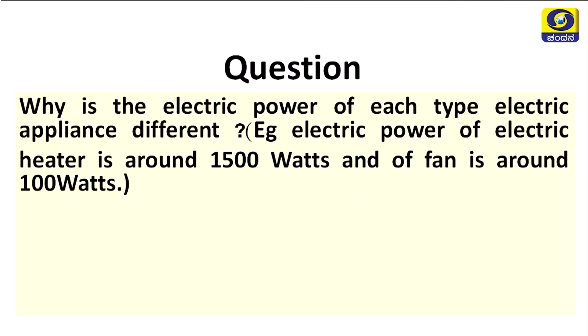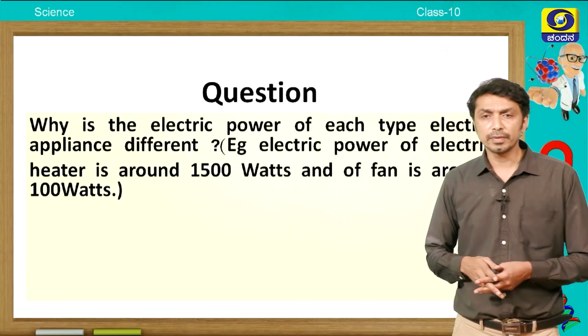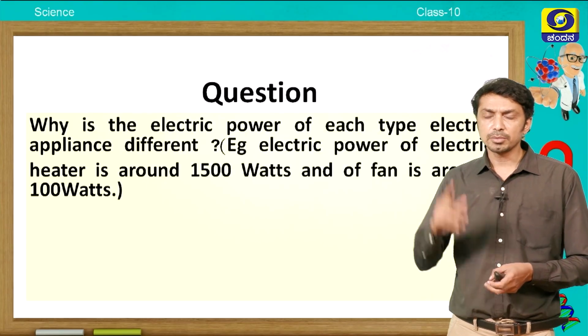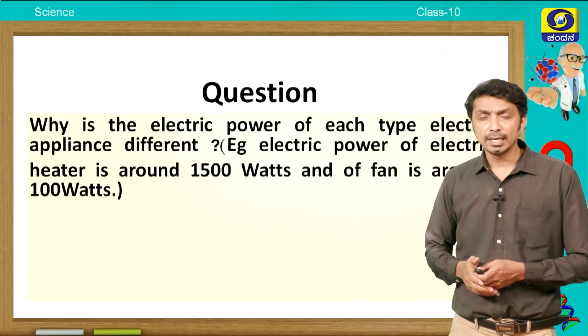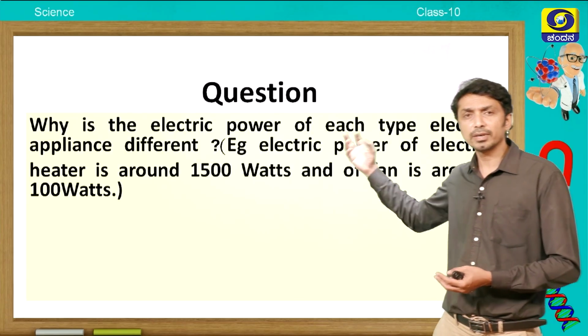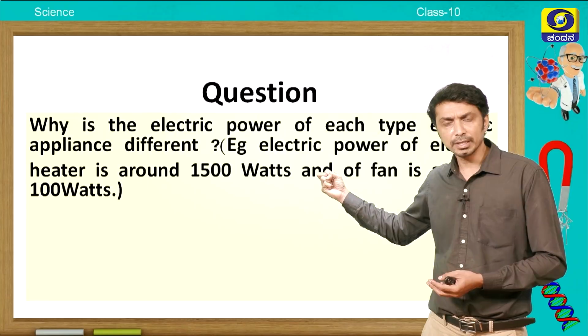So, children, here is a question: why is the electrical power of each type of electrical appliance different? Example, electrical power of an electrical heater is 1500 watts and a fan is around 100 watts. Yes, I am sure you have got the right answer. It is because the total energy consumed by different appliances is different, right?